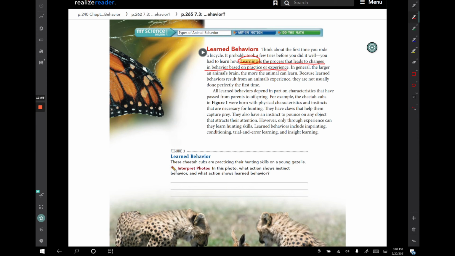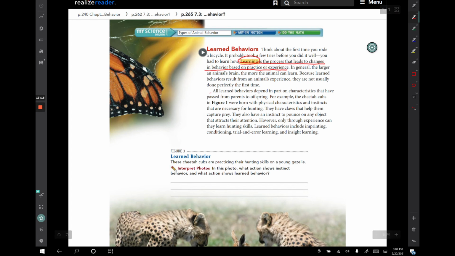So in general, the larger that the brain is in an animal, the more that it is able to learn. And because those learned behaviors are a result from experiences, they're usually not done perfectly the first time. So behaviors are something that we learn through our experiences, and they change over time.